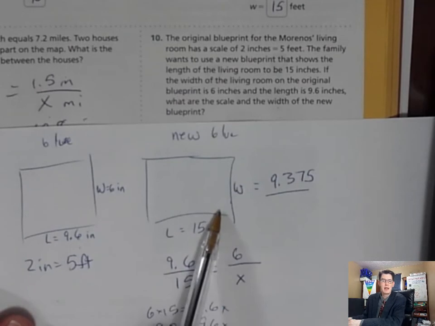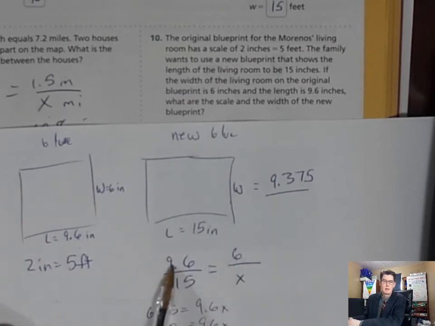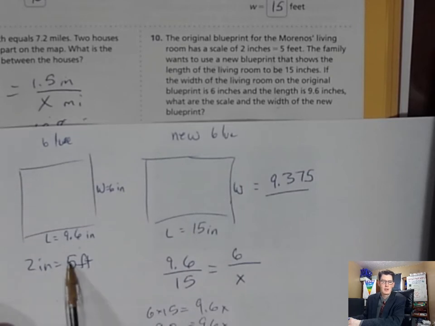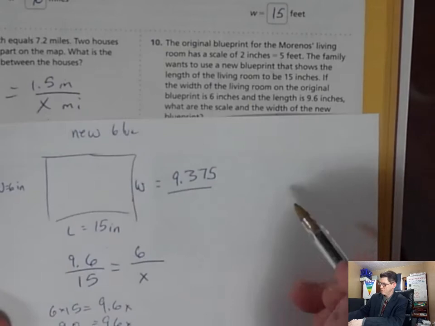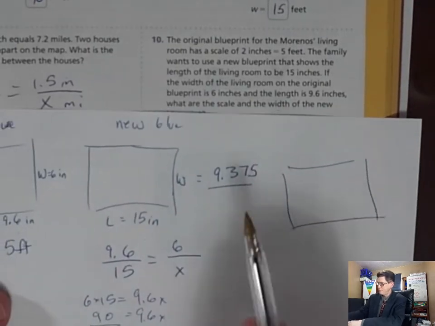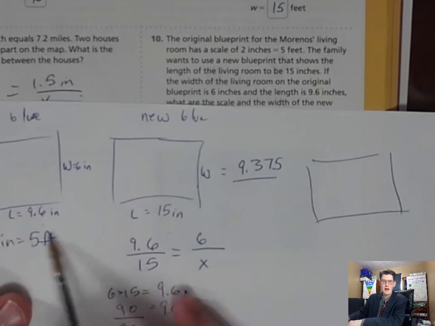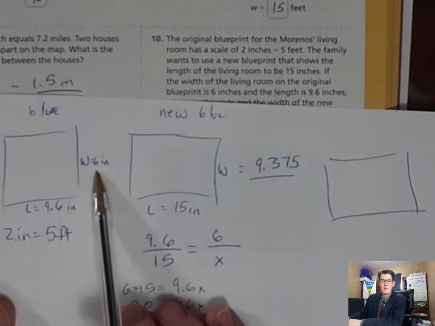And what's the new scale on this? Well, 2 inches used to be 5 feet. I could draw the proportions for each of these. The 2 inches is 5 feet over here.